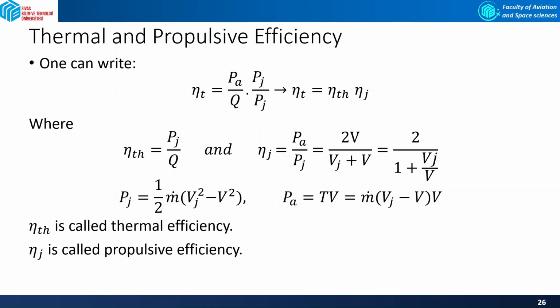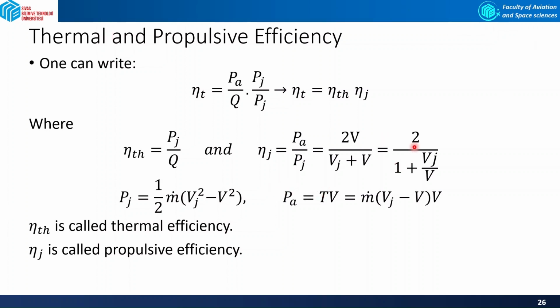In the denominator, we can take half of m dot to the left, and then multiply it with Vj squared minus v squared. And after some manipulation, you will get to this formula.